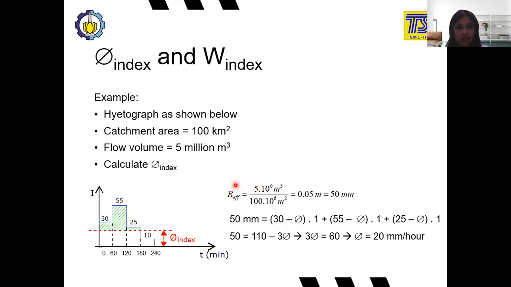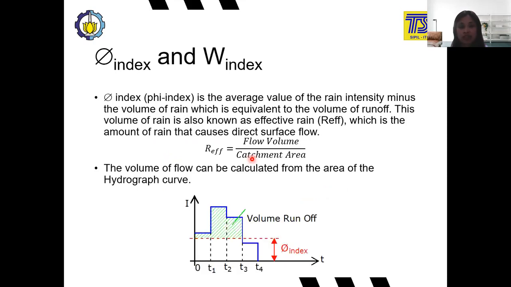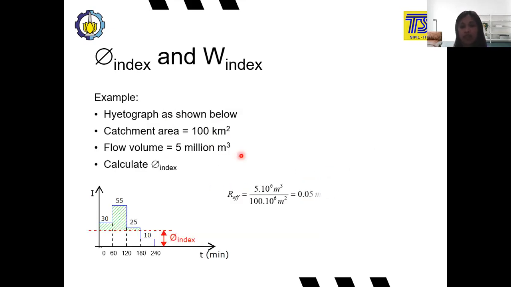First, we have to look for the effective rainfall. Here we have an effective rainfall of 50 millimeters, from the flow volume divided by the catchment area. As I already showed before, the effective rainfall is the flow volume divided by the catchment area.